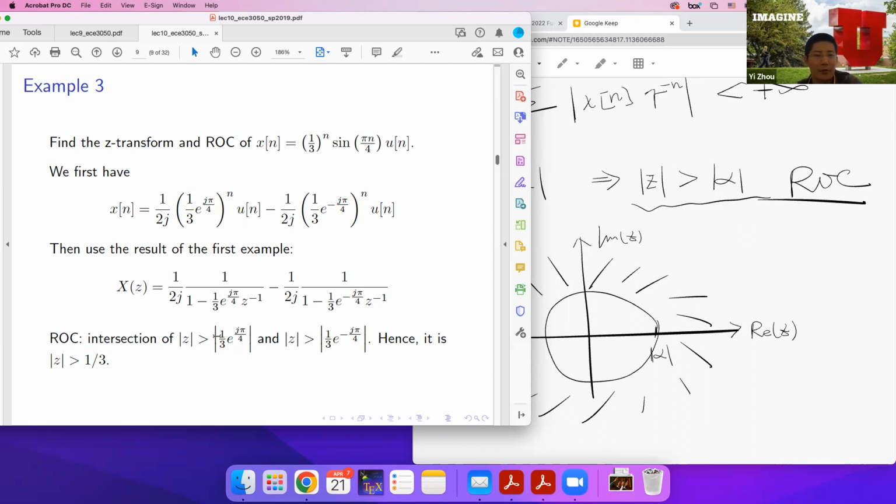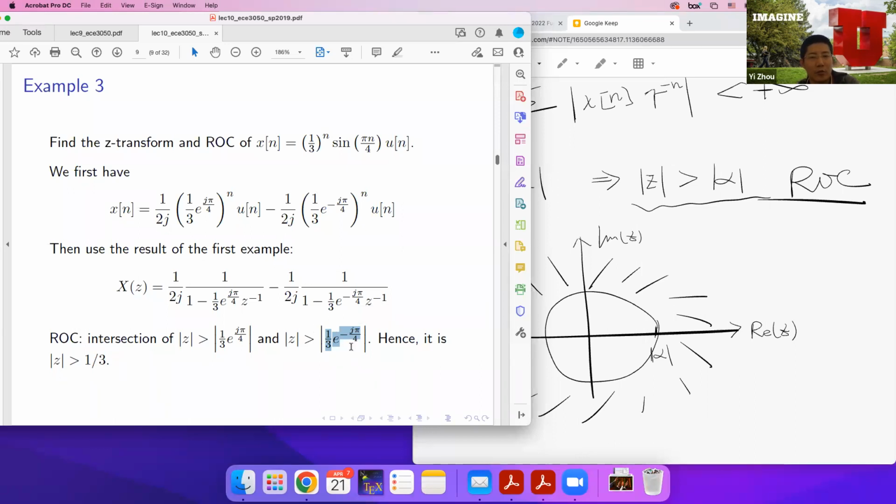If you look at these two ROCs, on the right-hand side we are looking at the magnitude of this complex number. This is a complex number in a standard polar form, so by definition, the magnitude is simply 1/3. And for this one, it's the same thing. It is in a standard polar form, so the magnitude is 1/3.